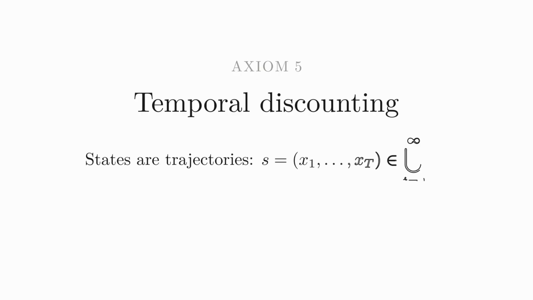At that point, you could be thinking the events that I'm weighting are trajectories over time. And at that point, you would like to say, oh, but there is some temporal structure over this. And I would like my utility over a trajectory to decompose over the different points in time. And at that point, there is this 5th axiom.